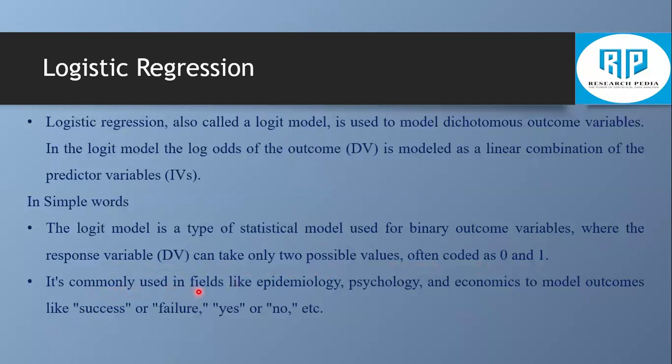It is commonly used in fields like epidemiology, psychology, and economics to model outcomes like success or failure, yes or no, etc. So when you have two outcomes relevant to a particular scenario, you model your dependent variable as a binary outcome variable. This kind of model is considered a logit model.